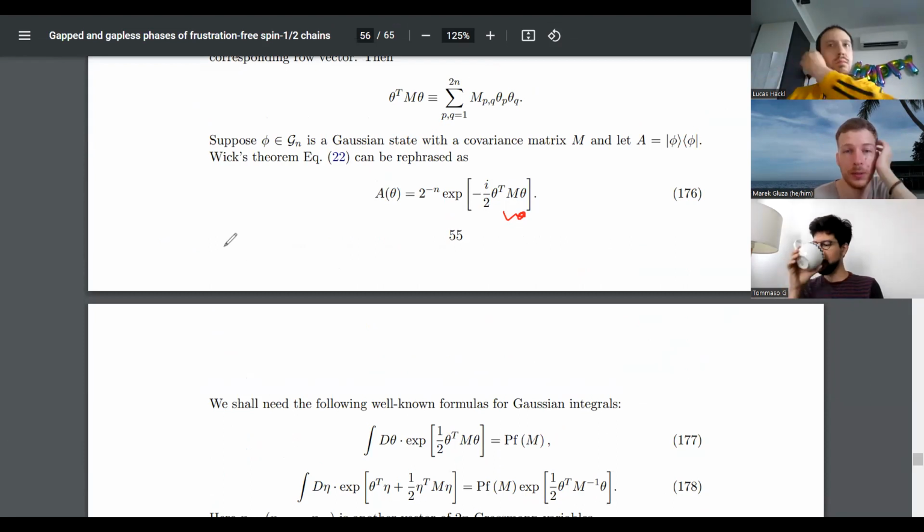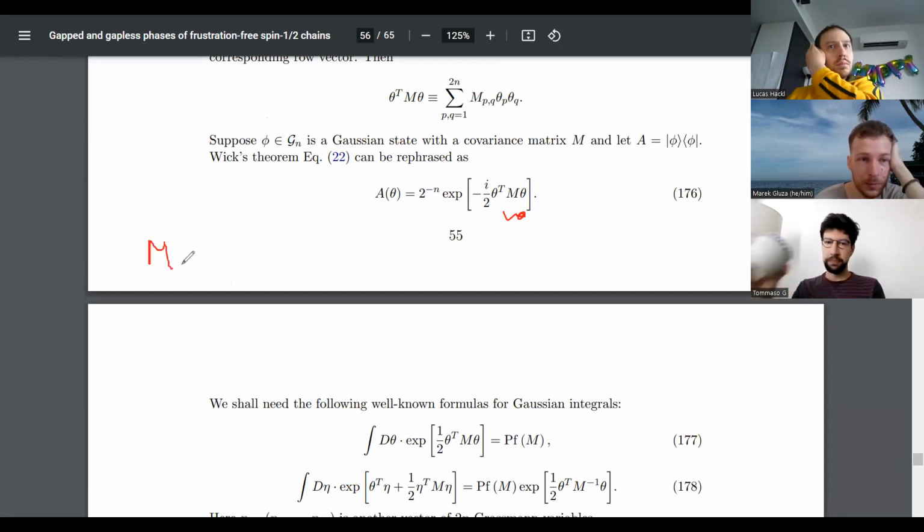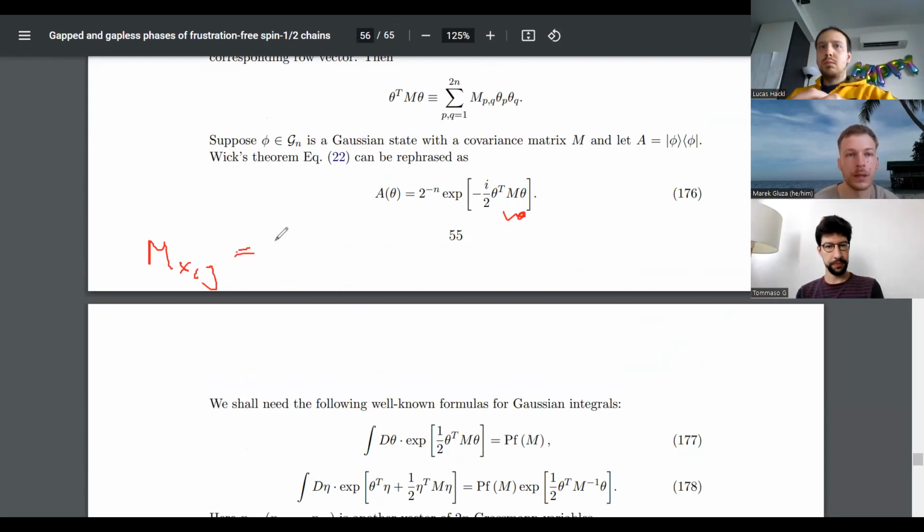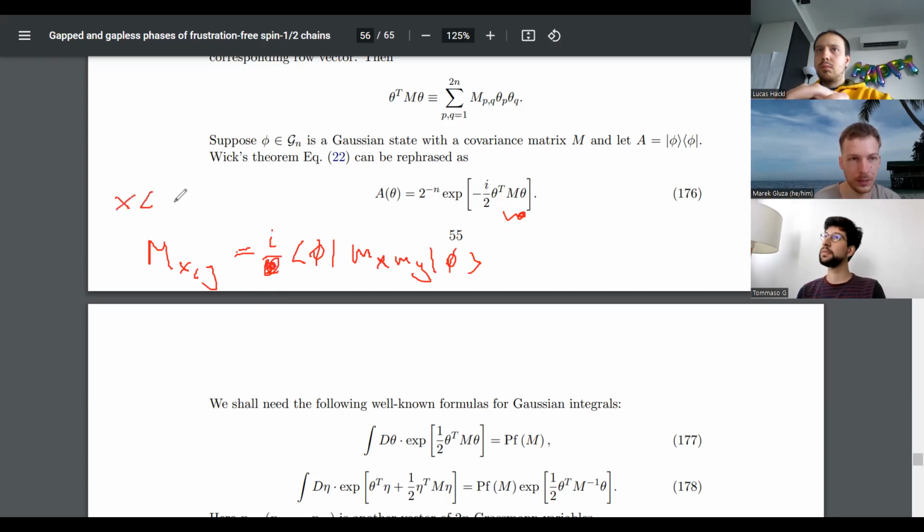So okay. One comment is, if I have M_XY defined as i over 2 times the expectation value in some pure state of the commutator of MX and MY. So this is an observable, and now I don't have I anymore, and X is strictly smaller than Y, because when X equals Y, it's just an identity, so it's just normalization. So that's easy.